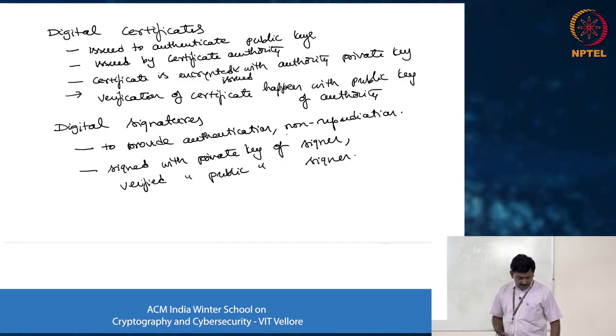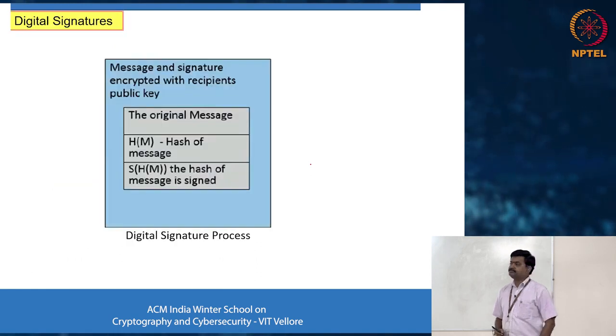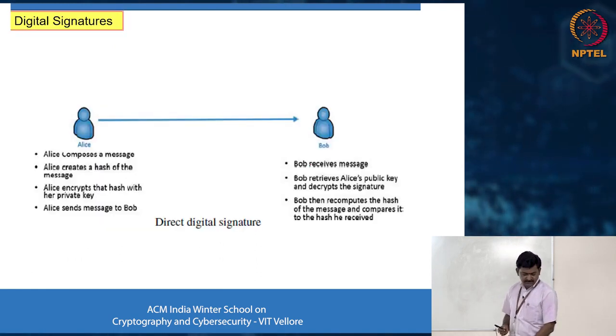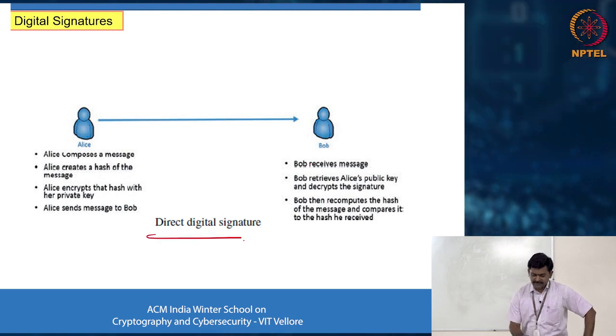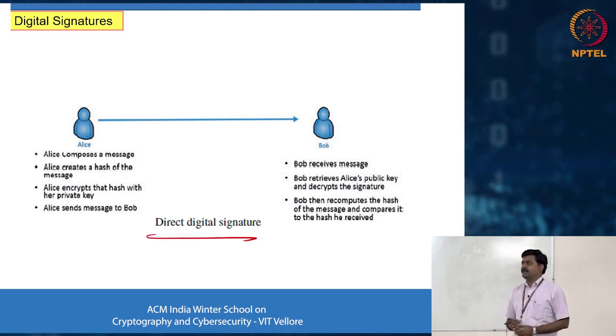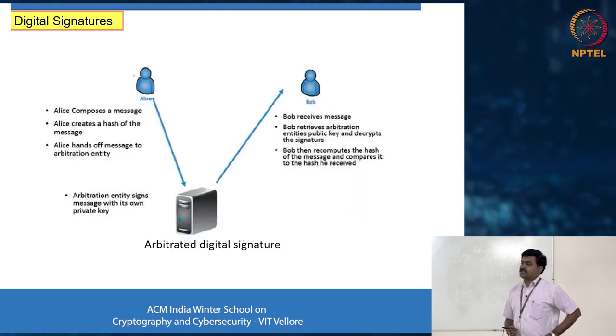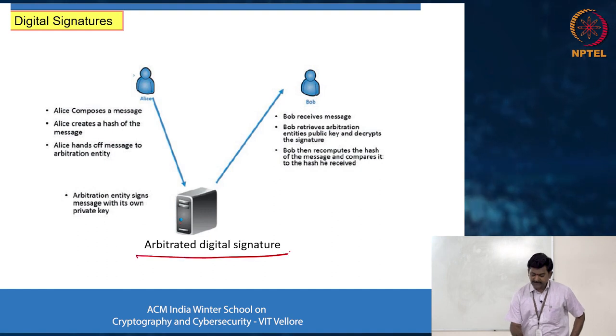Okay. There are varieties of digital signatures. One is called the direct digital signature, which is what we have discussed. Then there is another digital signature called the arbitrated digital signature.